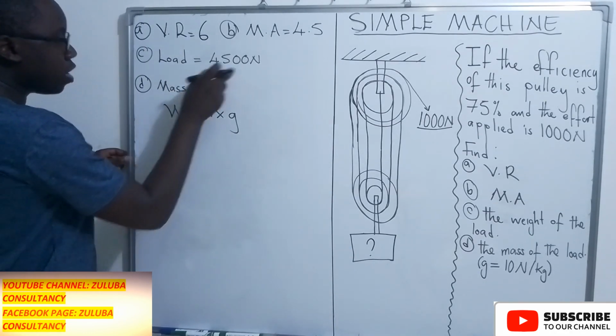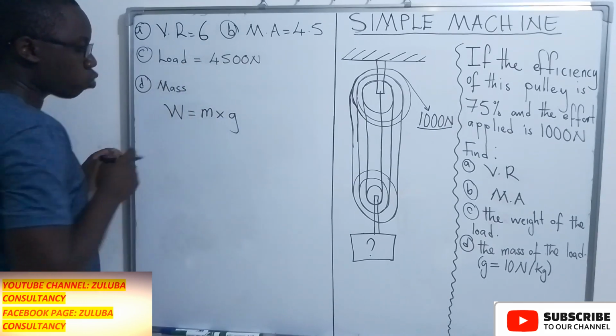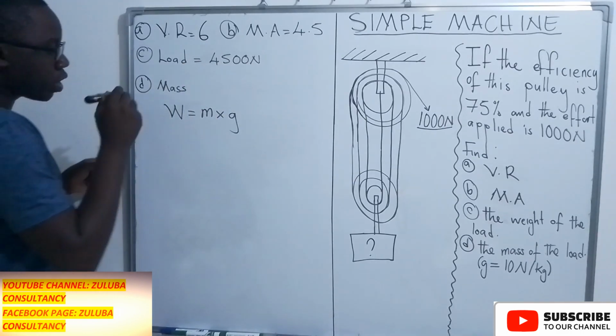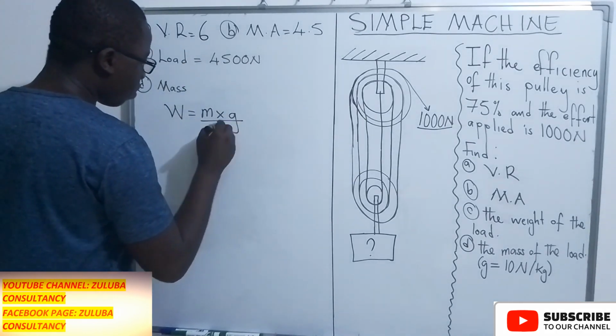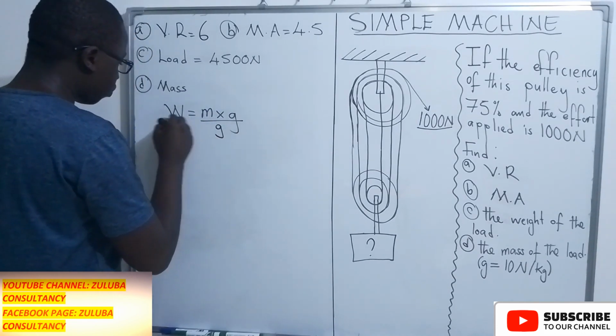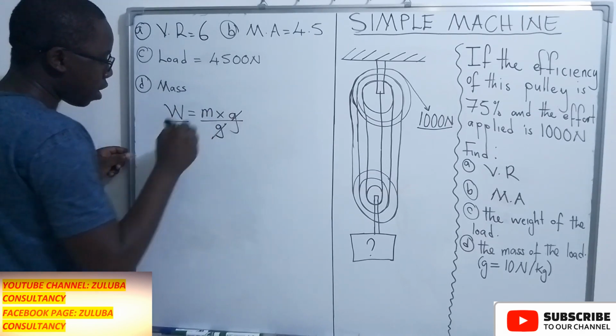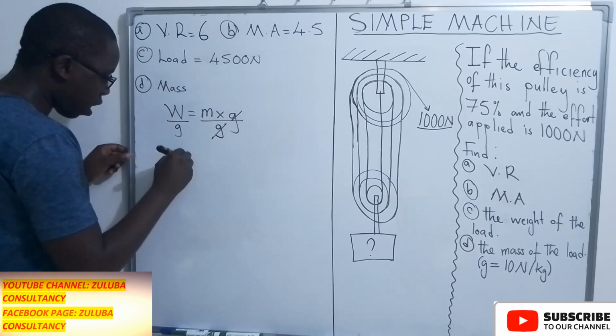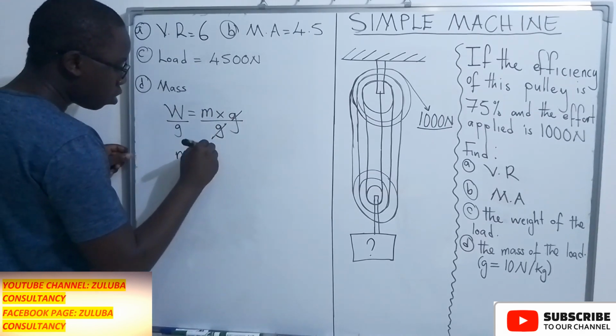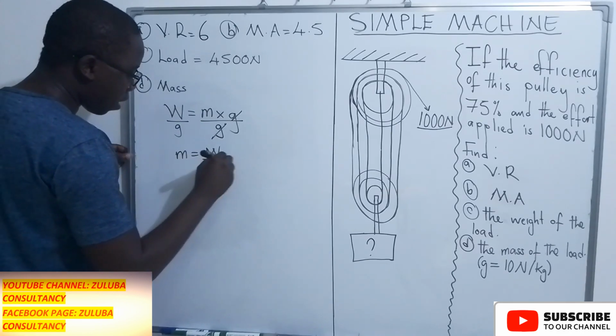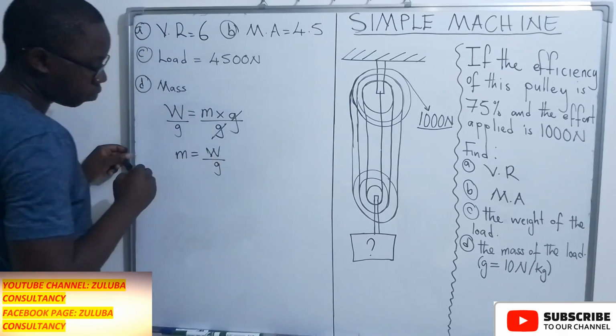The weight is basically the load that we calculated. So we can make m the subject of the formula by dividing both sides by g. These two will simplify and will remain m is equal to w divided by g.